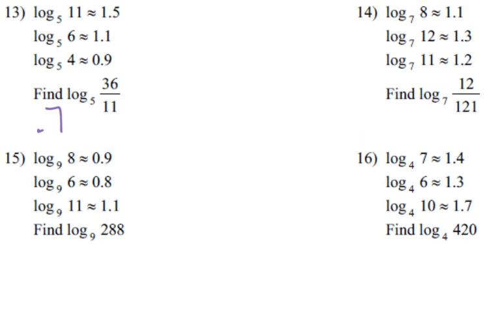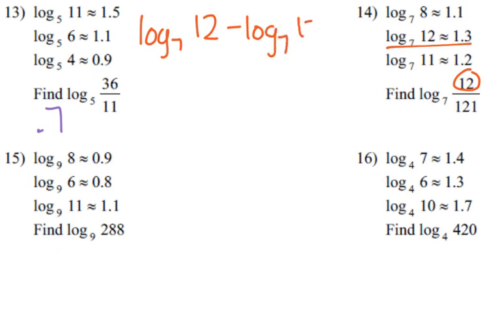Okay, let's take a look at 14 now. So I've got 12, which we know what 12 is, right? So log base 7 of 12 minus log base 7 of 121. Now, 121, isn't that 11 squared? So let's erase that to be 11 squared.